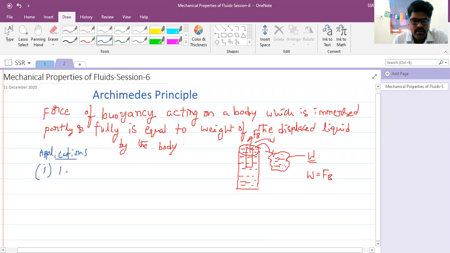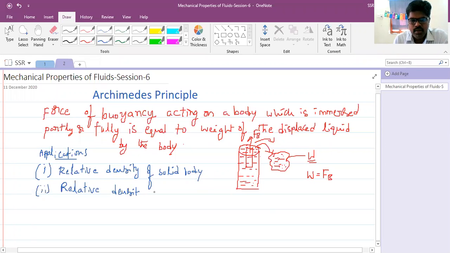Relative density, you know, we already discussed. Relative density means density of the body by density of water. Second is the relative density of liquid. Liquid means other than water. Then we can take density of liquid by density of water. That we can find.